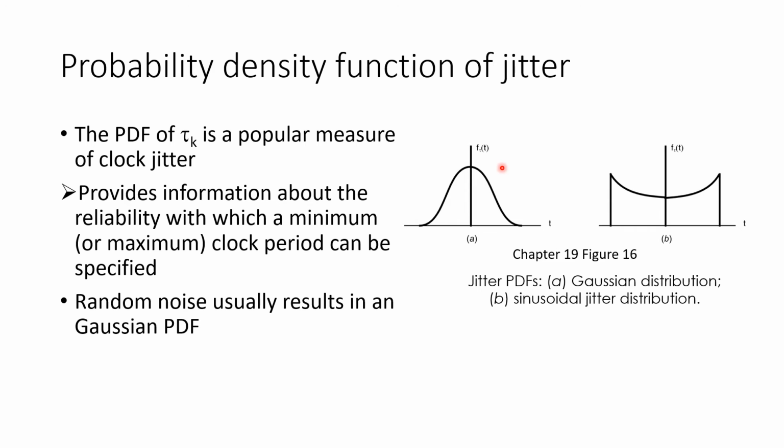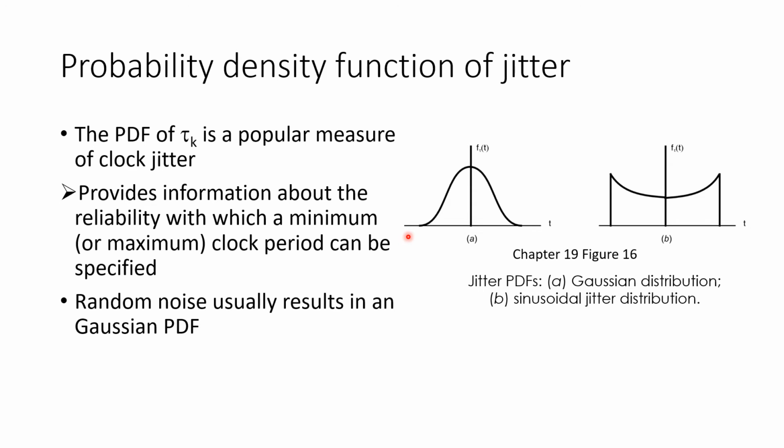So this histogram, this probability density function, provides a lot of information about the quality of a clock, but it's not the same information as the power spectral density with phase noise. For example, shown here on the left is a Gaussian distribution function for the probability density of absolute jitter.